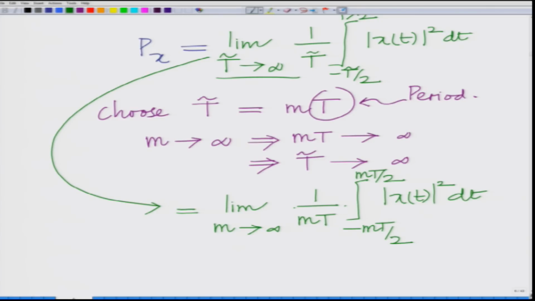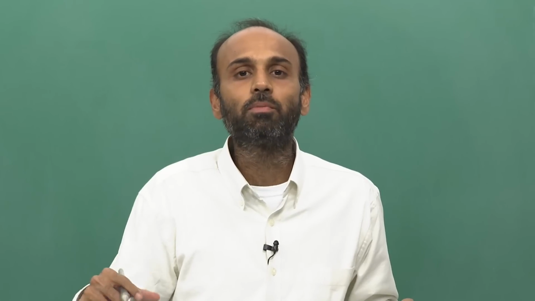Now, look at this integral from minus mT divided by 2 to mT divided by 2. It contains m periods, since the total duration is m times capital T. So, this is the energy in m periods. Now, this signal is periodic, so the energy in m periods is m times the energy in a single period.